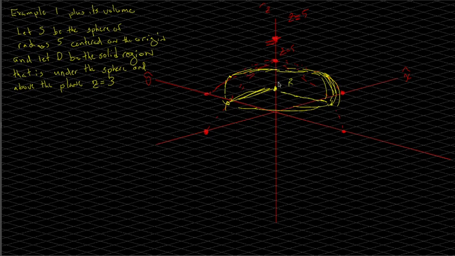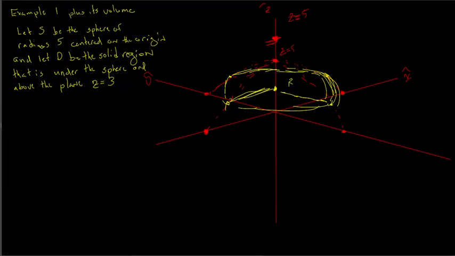And this is where I'm going to draw a little off to the side here, because we're looking at a cross section of the z plane and any of the other axes. The radius of the sphere is 5, so this goes up to 5. And then the plane at 3 cuts off like this.